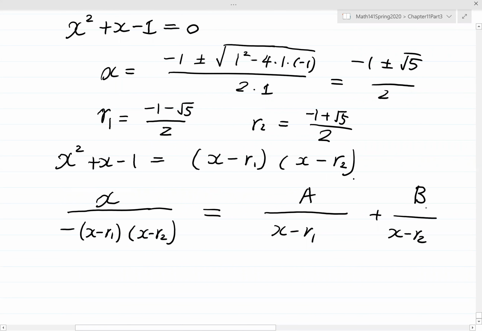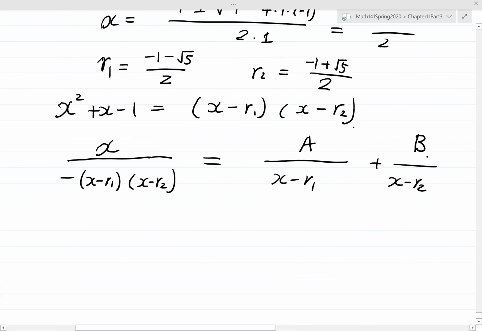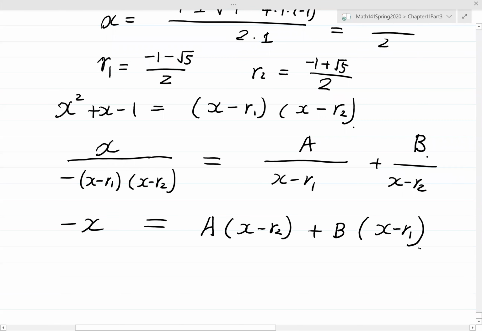So we determine A and B explicitly. You multiply by the denominator, and you get negative x equals A times (x minus r2) plus B times (x minus r1).